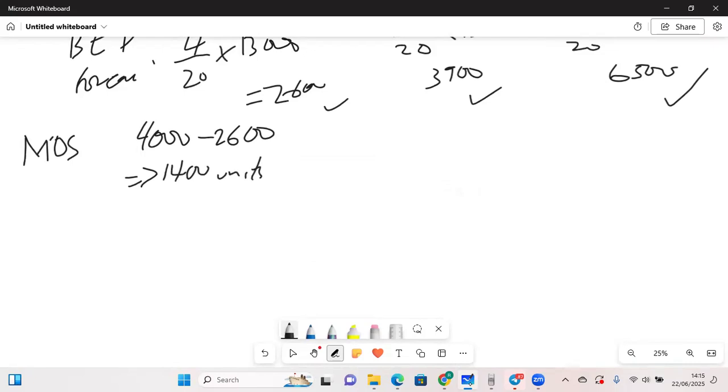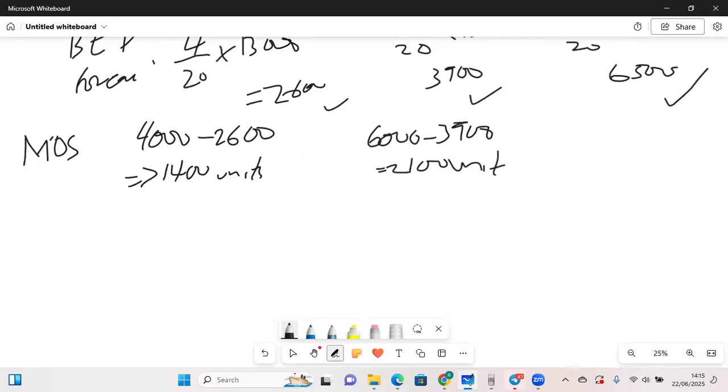The second one is going to be 6,000 minus the break even of 3,900, and we are going to get 2,100 units as its margin of safety.